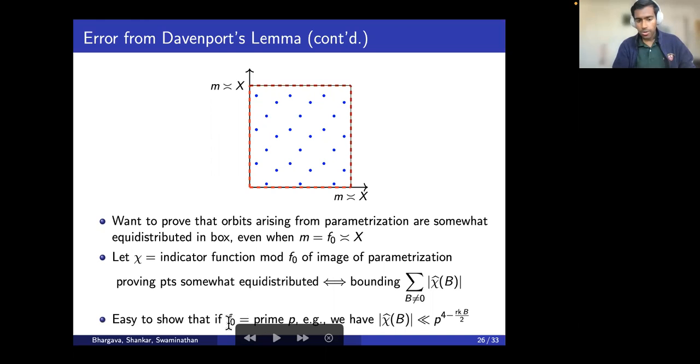It's easy to show, if for example the leading coefficient is a prime p, using the theory of exponential sums, that the size of chi hat of b is bounded by p to the 4 minus half the rank of b. This power saving of half the rank of b will be enough to get a sufficient bound on this sum, and hence enough to prove that the points coming from the parametrization are somewhat equidistributed. The takeaway here should be that proving this kind of equidistribution result is just a bit of Fourier analysis.